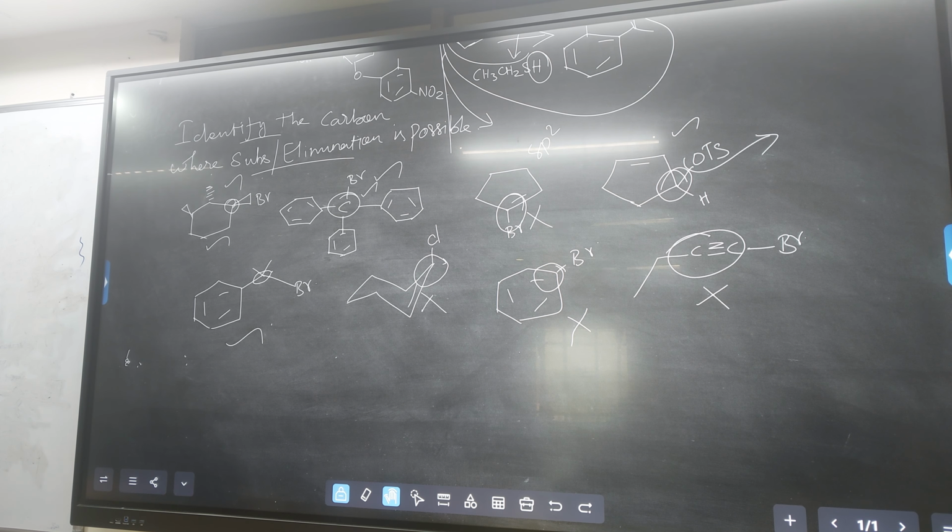Or else a primary carbon. A primary carbon follows the SN2 mechanism. And a tertiary carbon follows the SN1 mechanism.